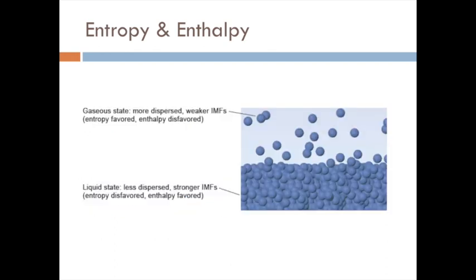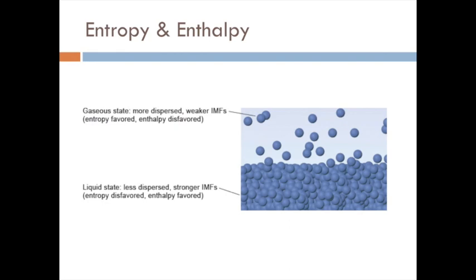So here's an example. In our gas state, we have weak intermolecular forces. We have the gas molecules spread out. So entropy is favored here because we have more disorder, but enthalpy is disfavored. And then in our liquid state, we have a more ordered state, so entropy is disfavored, but we have strong intermolecular forces in our liquid, so enthalpy is favored.